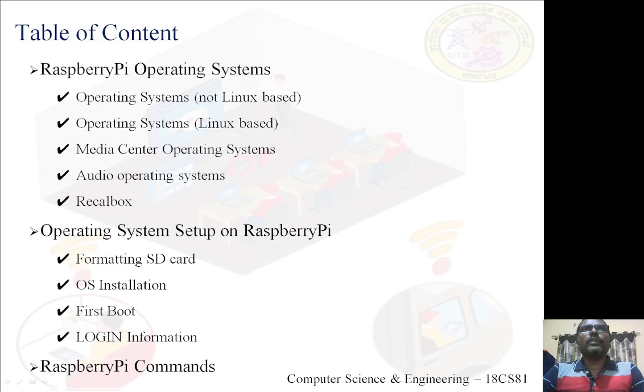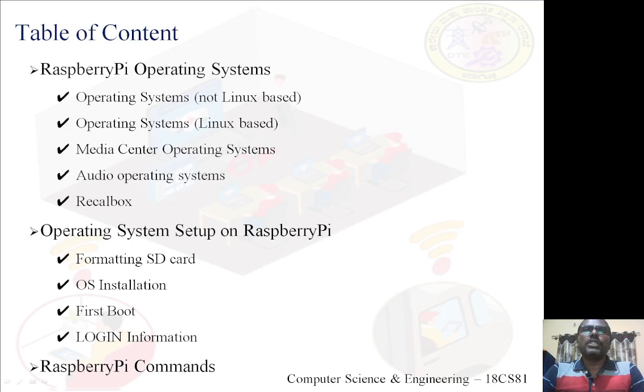After we come to know about the various operating systems supported by Raspberry Pi computer, we will continue with installing an operating system to Raspberry Pi computer. I will demonstrate by installing Raspbian, an official operating system provided by Raspberry Pi Foundation.